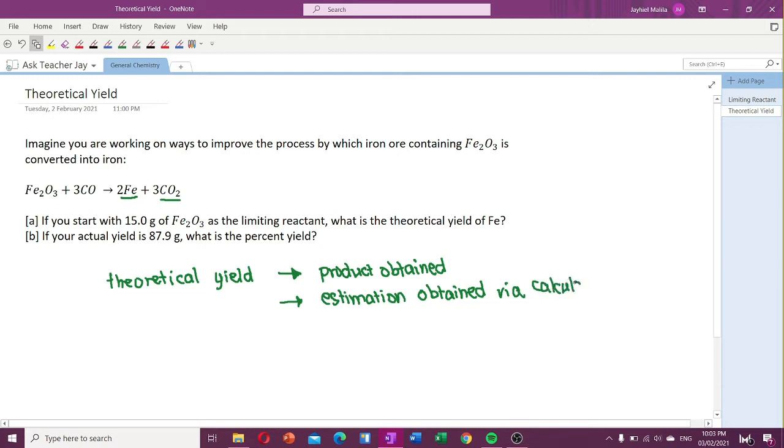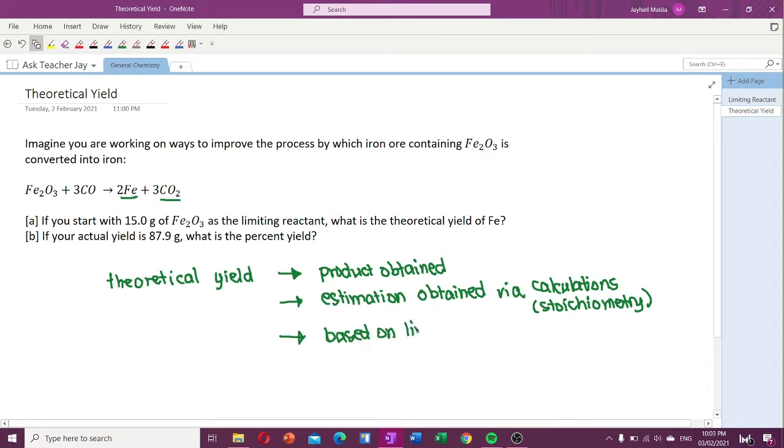When I say via calculations, then that is the process of stoichiometry. So we need to do stoichiometry to determine the theoretical yield. Last but not the least, and the most important thing, the theoretical yield should be based on the limiting reactant.